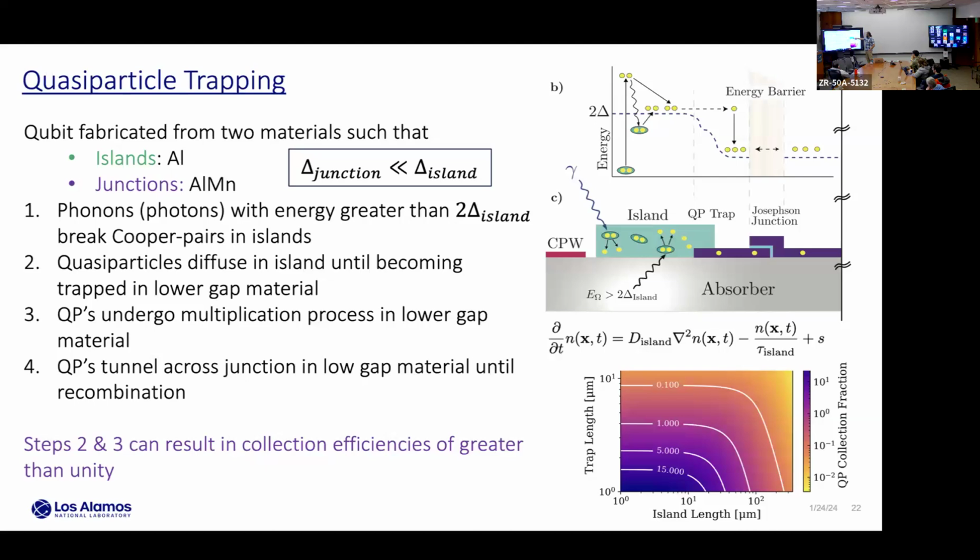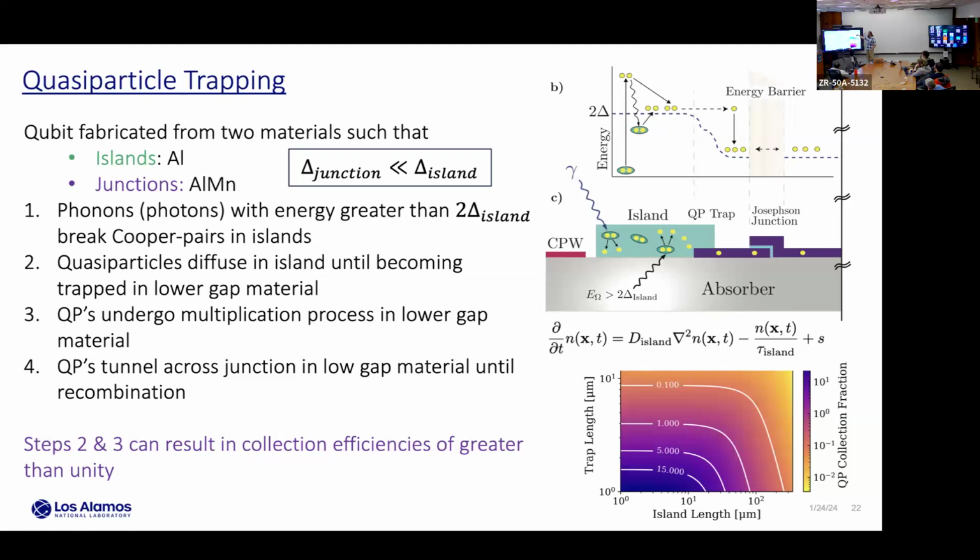And so we have the lower band gap here and the higher band gap here. In between, there's kind of a smooth transition of the band gap. When they're in this region, there's a probability that they would just diffuse right back, but there's also a probability that they will down convert into a lower energy state.